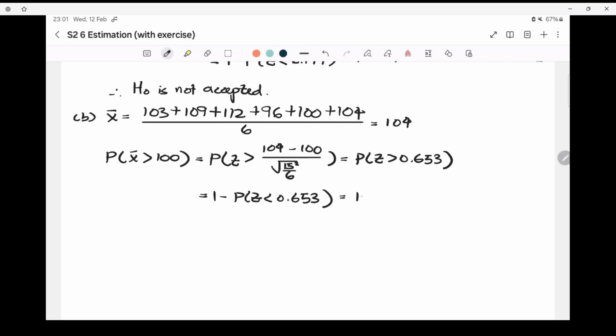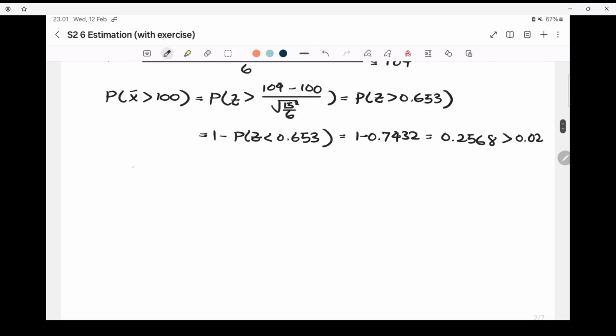So when you read from the table, this is the answer, 0.7432. So this is 0.2568. So your significance level is 2%. So this is greater than 0.02. Because of this, you accept your H0. And there's no reason for you to reject your H0.